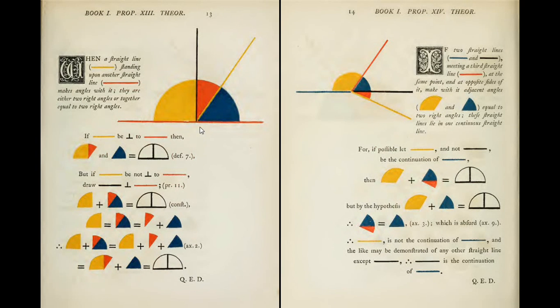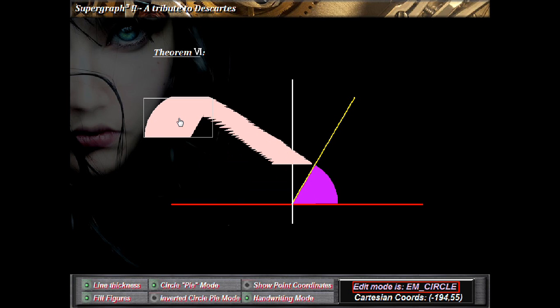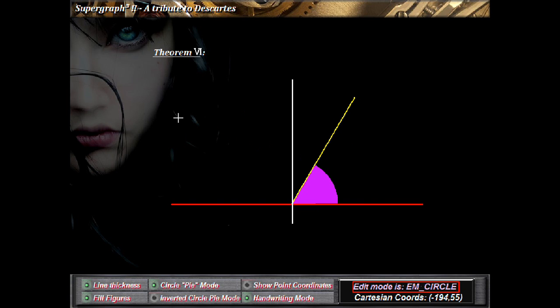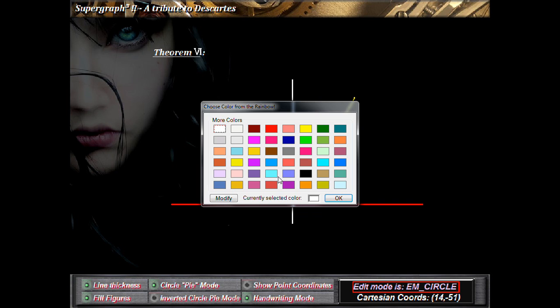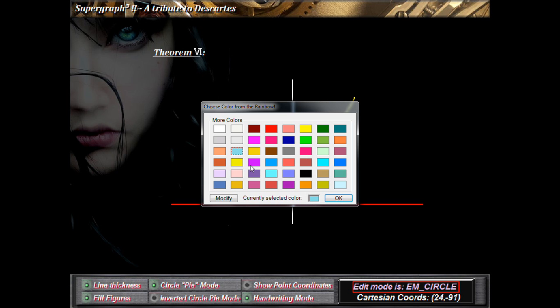In which case, we end up cutting this angle into two different angles, one of which is known to be a right angle. So we get rid of that, fix that problem, and draw two pies, different colors.